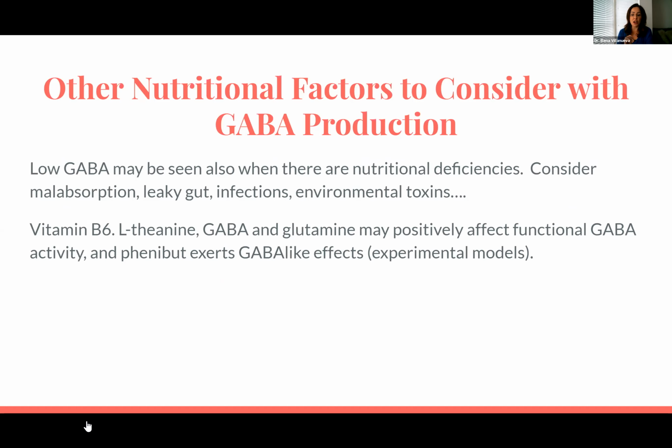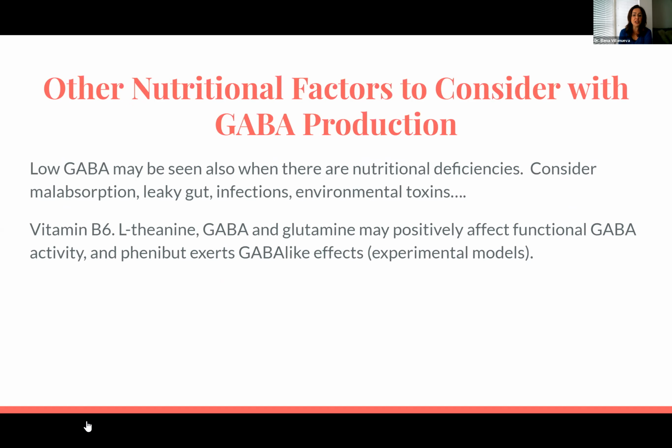Other factors also to consider with GABA production is that if we are low in our GABA, it's not always going to be just a gene mutation. And even if you see the gene mutation, we don't want to make the assumption that, oh my gosh, that's the only thing that's causing the low GABA in this particular client. We want to take a look also at nutritional deficiencies.